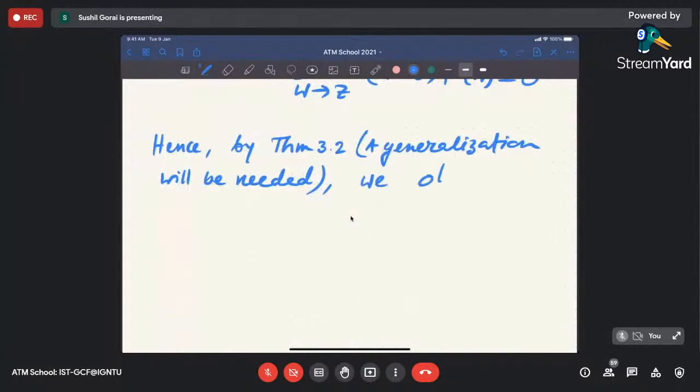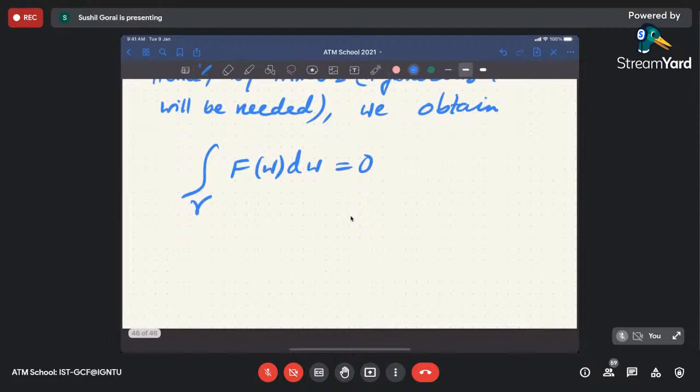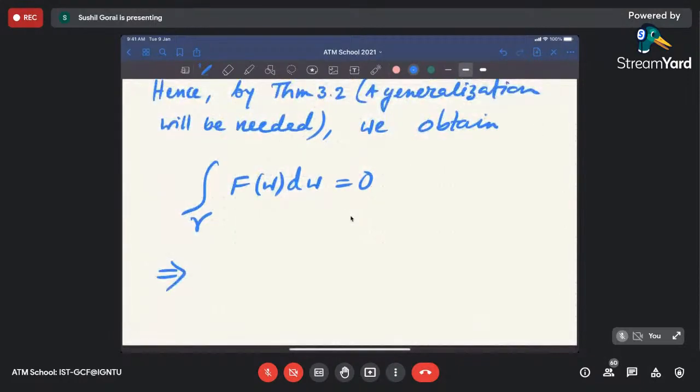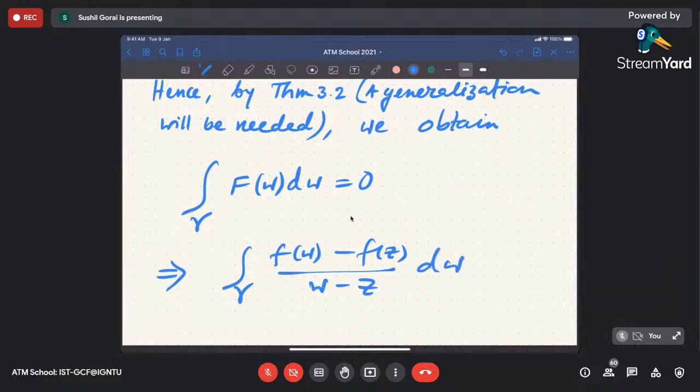So you obtain integration over gamma of capital F(w) dw is 0. Hence integration over gamma of (F(w) minus F(z)) by (w minus z) dw equals 0.